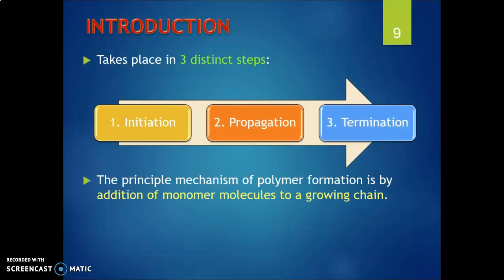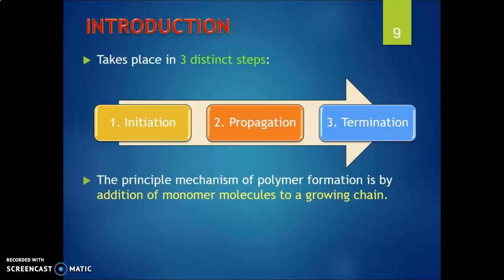Okay, it takes place in 3 distinct steps. First, initiation, and then propagation and termination. So the principal mechanism of polymer formation is by addition of monomer molecule to a growing chain. That means that if a polymer A reacts with an initiator, it will produce AI with radical formation.